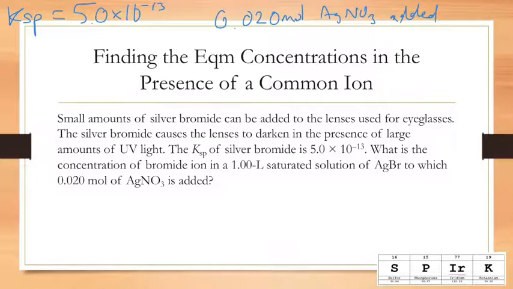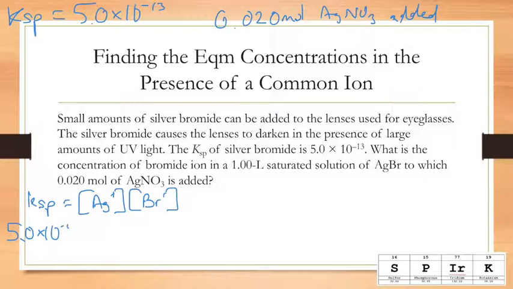So what we can do here is set up our Ksp equation. We know for this reaction that Ksp is going to be equal to Ag plus times Br minus. And remember, we know the Ksp, 5.0 times 10 to the negative 13.